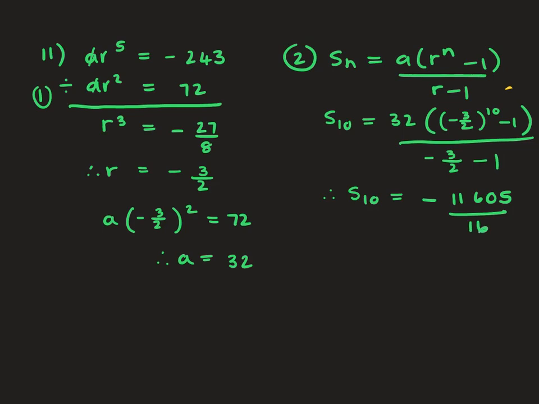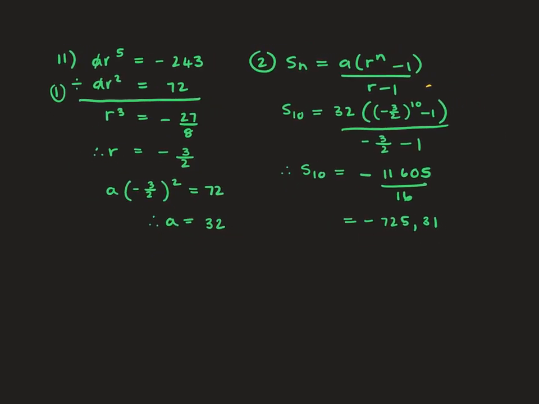If you wrote that as a decimal, it would be negative 725.31. Whether you use a fraction or round it off to 2 decimals, that would be your answer. So that was for 11A.